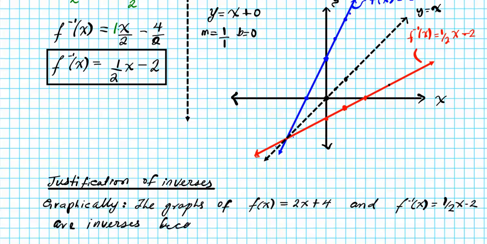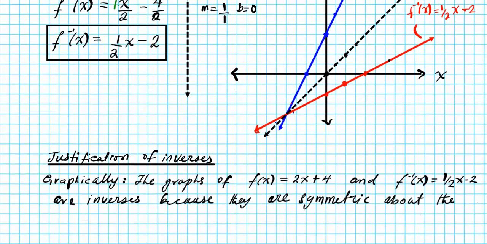Because they are symmetric about the line y equals x. Symmetry along the line y equals x of two functions indicates that those two functions are inverses of one another.